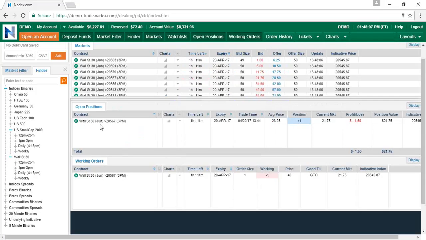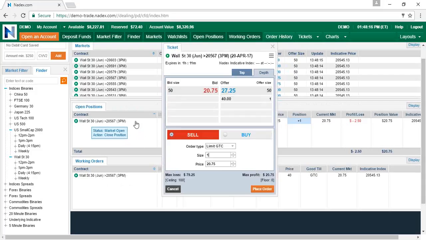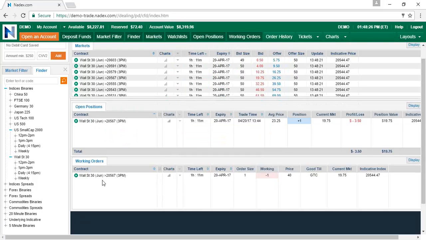See that? See how it disappeared? Okay. The reason that didn't happen with this order is because when I opened it, I didn't go with the current price that I could immediately sell it for right now. I changed that price to 40. Remember? So that's why it's working, because I can't sell it for 40 right now because it's not there yet.